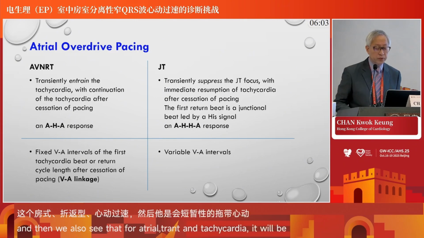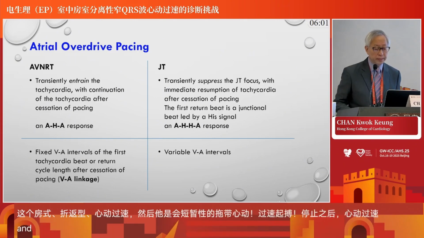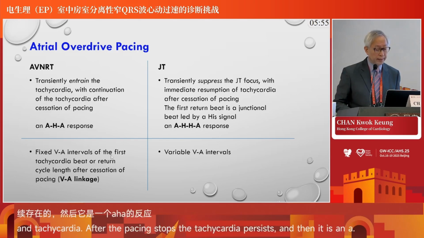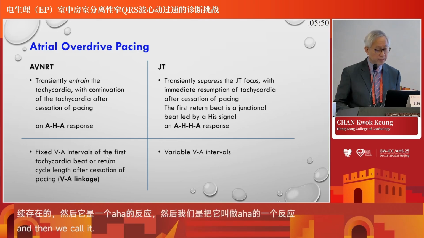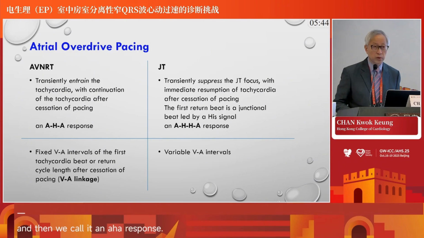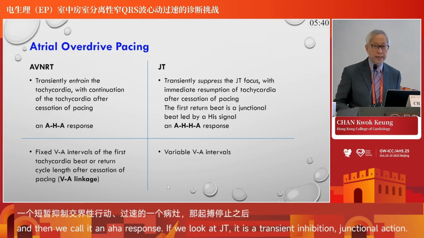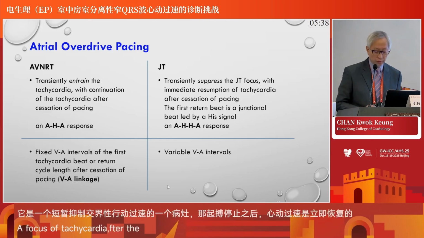And the first return beat is a junctional beat led by the His signal, what we call an AHHA response. When we look at the return beat for AVNRT, because of the reentry mechanism, there would be a fixed VA interval of the first tachycardia beat or return cycle length, what we call the VA linkage, which is not present in junctional tachycardia, with its variable VA interval.